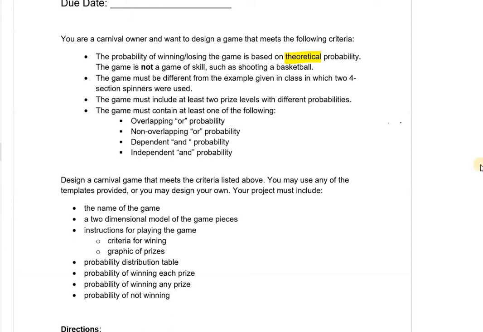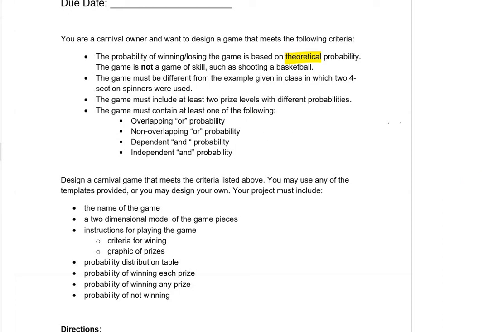The game must be different from the example given in class, in which 2 4-section spinners are used. The game must include at least 2 prize levels with different probabilities. So the probability of winning 1 prize has to be different than the probability of winning the second prize.